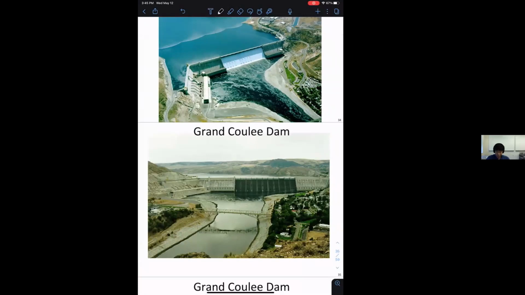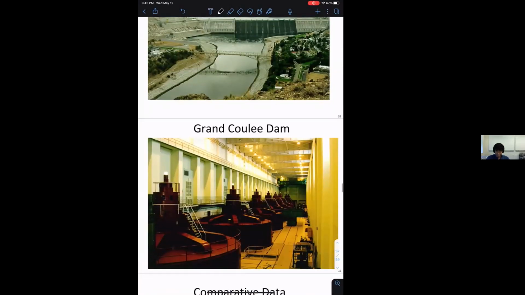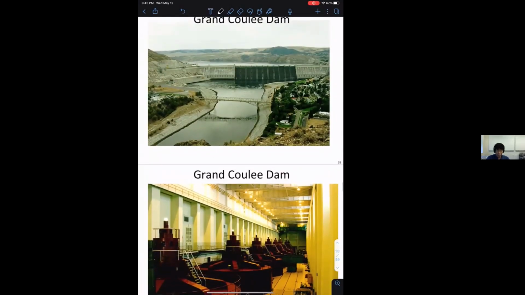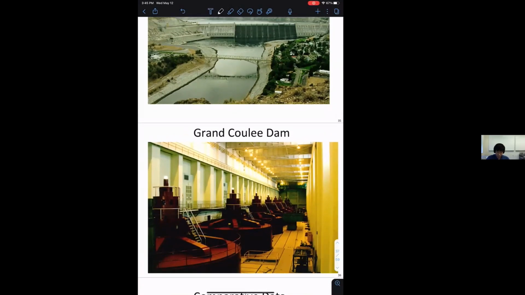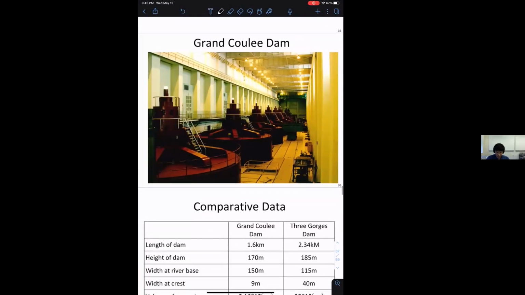It's really, really large. These power plants are gigawatt level plants, with large generators in them. This is a picture of the generators we have.